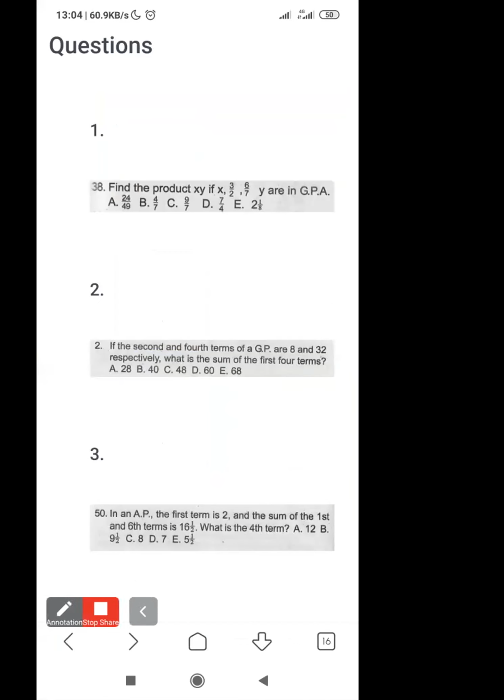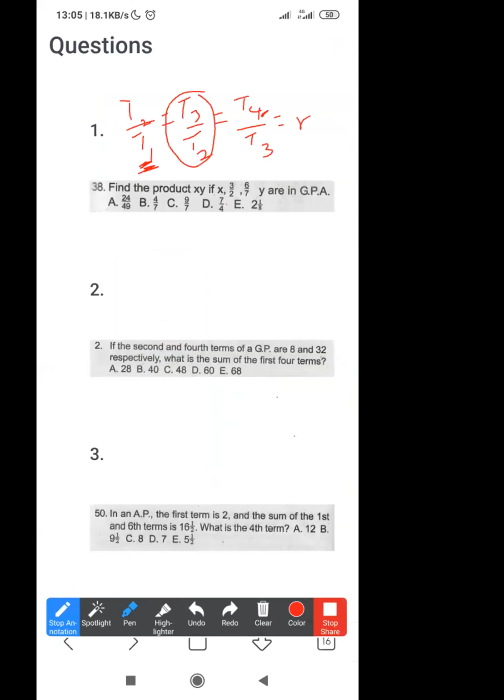So based on my explanation, I believe you can see. In this case, I don't need the middle one. I will just pair the first and the last. So my T2 is 3/2 divided by T1, which is X, is equal to T4, that is Y, divided by T3.